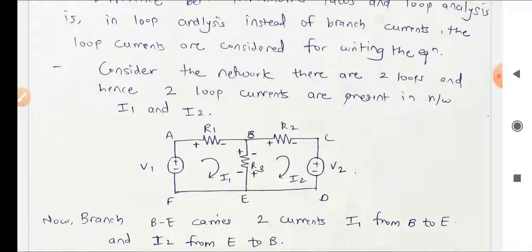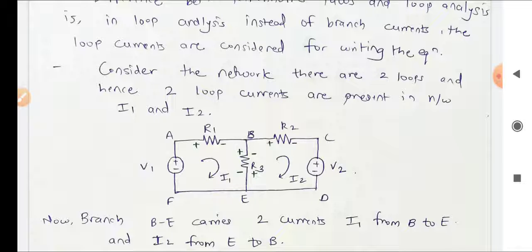For a common branch, two or more currents are present, so the total current flowing through that common branch is always the algebraic sum of the currents associated with that branch. This means that for loop analysis, a branch may carry more than one current, but for Kirchhoff's law, each branch carries only one current.